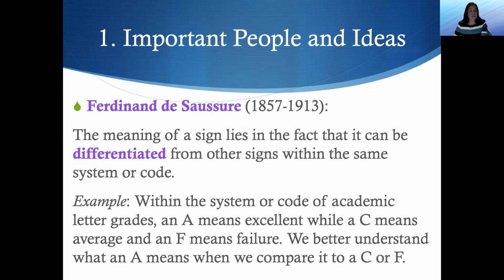For example, we know that there's a system or code of academic letter grades, and we know what each one means. We know A means excellent, we know C means average, we know F means failure, that's bad. And we can compare them to each other and differentiate them. So we better understand what an A means when we compare it to a C or to an F.